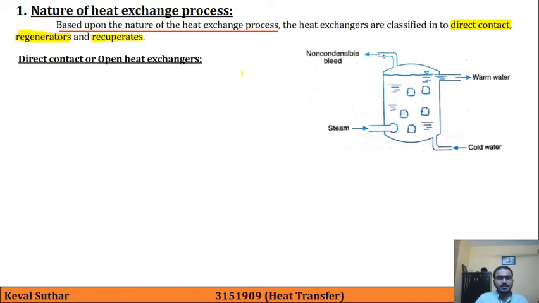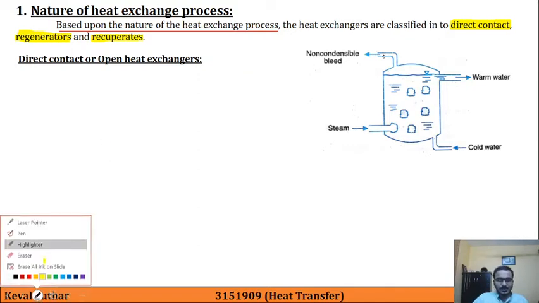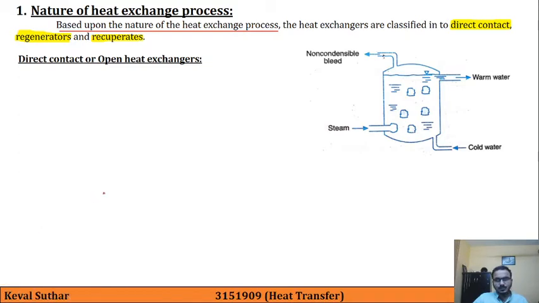First is direct contact or open heat exchangers, and it can be seen in this figure also. So as I was mentioning you that there are two kinds of fluids present here. First is hot fluid, that is in this figure is steam, and it is entering as a steam and exiting as non-condensable bleed.